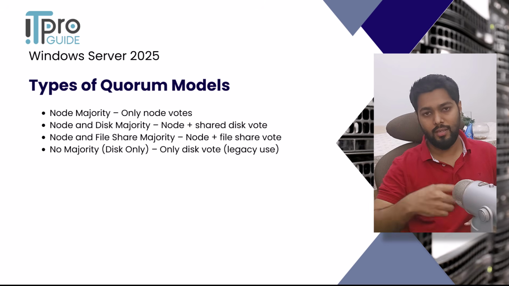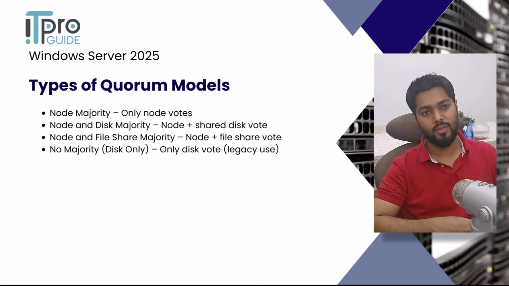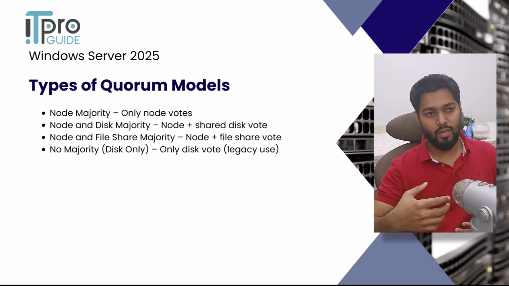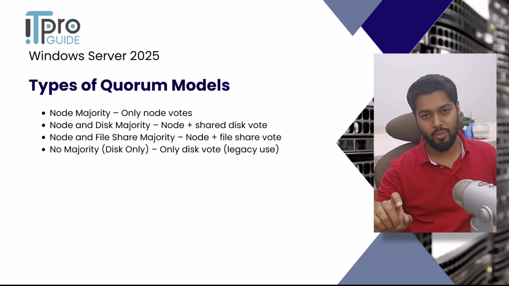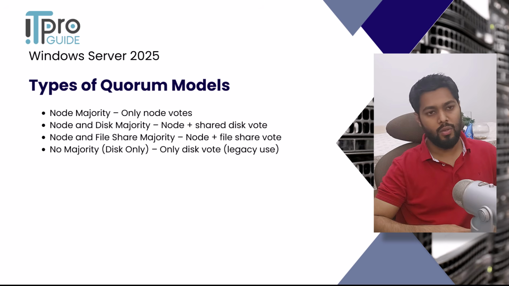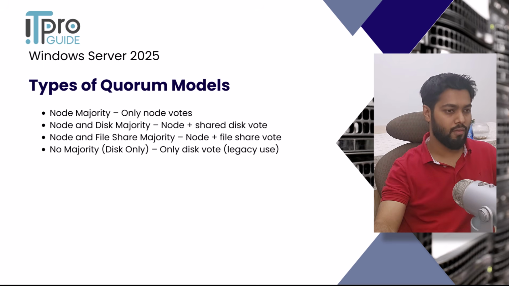In this model, a shared disk acts as a witness and contributes an extra vote. There is also node and file share majority, where a simple SMB file share, like a shared folder, is used instead of a disk from a storage. And also we have a legacy method where only the disk counts, but we won't be focusing on that one because it is not recommended in modern environments.